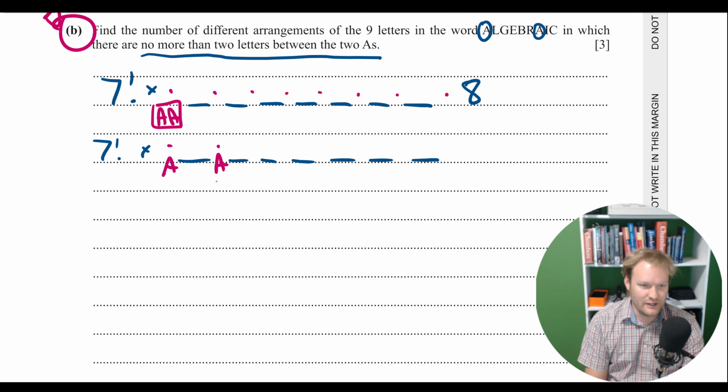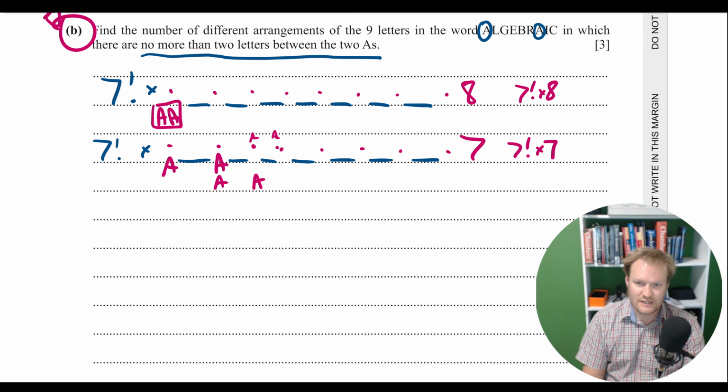And you could move it along and have A and A over there, so a second option. Or you could have a third option, which would have the A and the A over here. So you can just count like this: 1, 2, 3, 4, 5, 6, 7 ways. So maybe I should say that was 8 ways, this was 7 ways. So in other words, the top option is 7 factorial times 8, this one 7 factorial times 7.